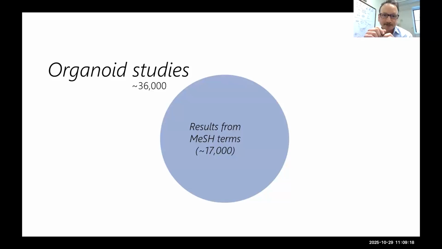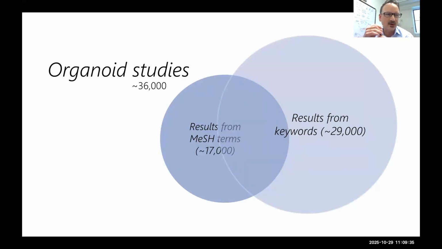Just looking at the organoid study part of that universe of literature, that was about 36,000. From a MeSH term search, which would be the organoid MeSH term, which also captures microphysiological systems, we get about 17,000 of these 36,000.